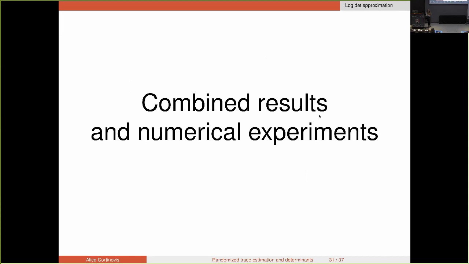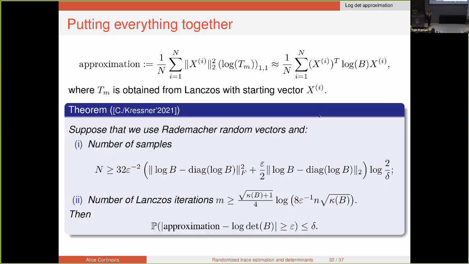Okay, so now that we have this, we can put everything together. What we wanted to compute was the trace of the logarithm of B, but we cannot do that. So we want to compute the Hutchinson trace estimator of that, which is 1 over capital N times the sum of quadratic forms of this kind.